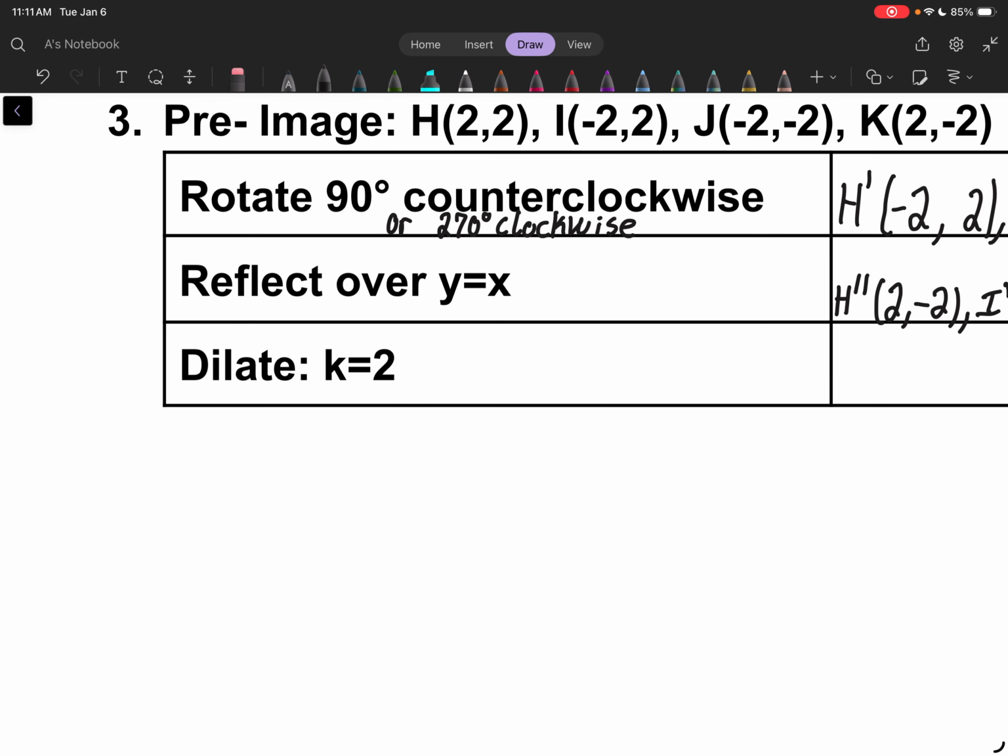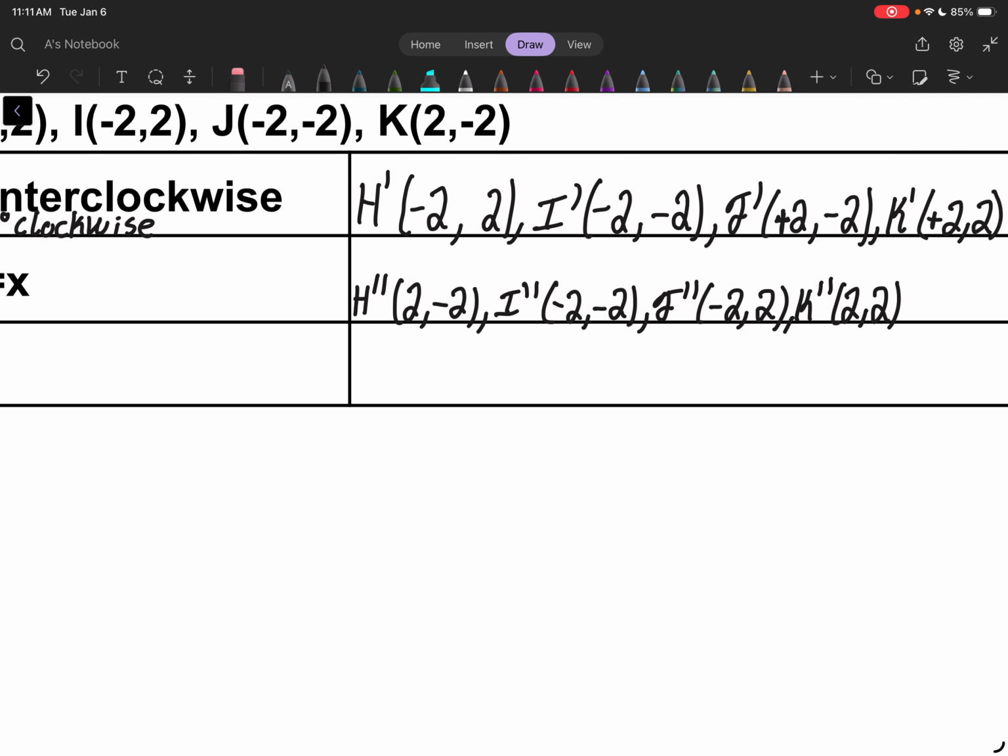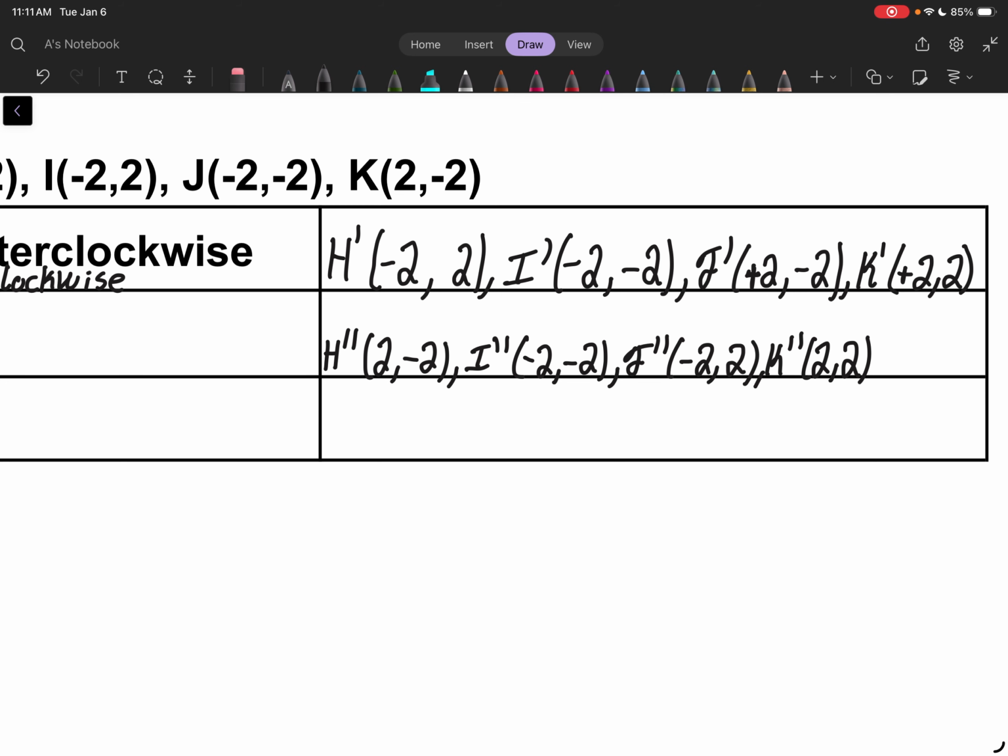Dilate by a scale factor of 2. So I'm just multiplying by 2 on each coordinate.